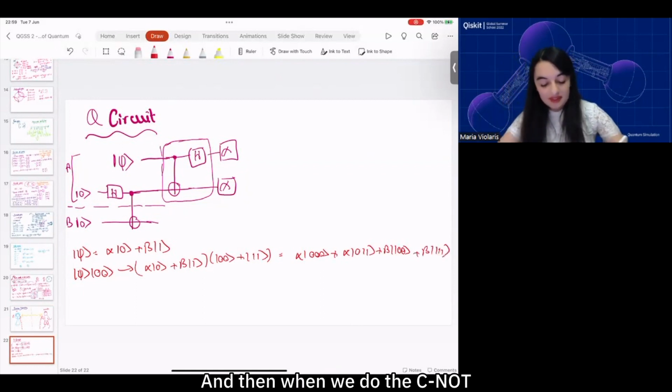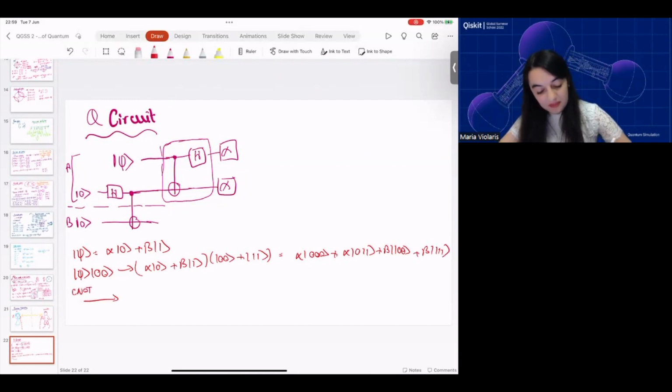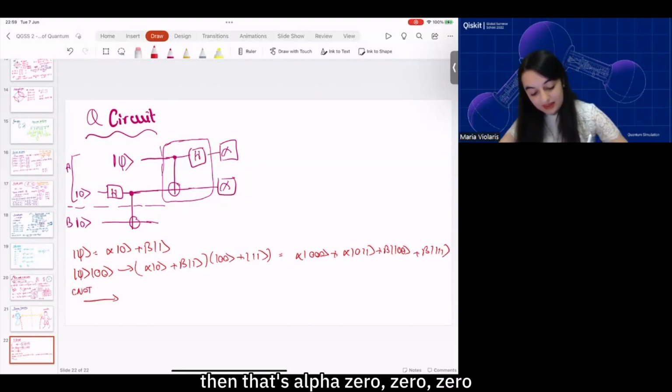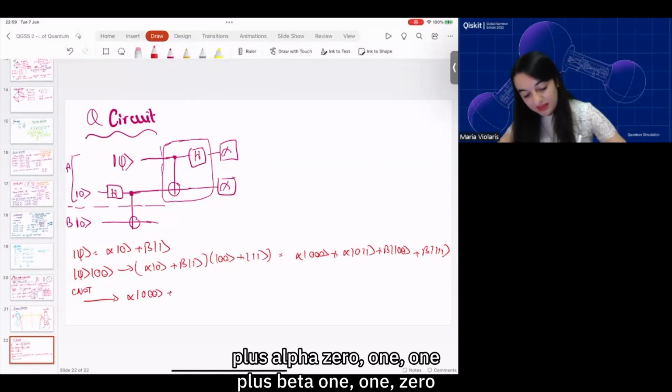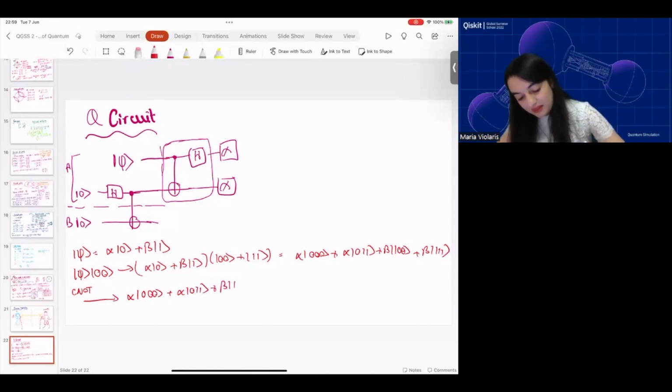And then when we do the C0, then that's alpha 0, 0, 0 plus alpha 0, 1, 1 plus beta 1, 1, 0 plus beta 1, 0, 1.